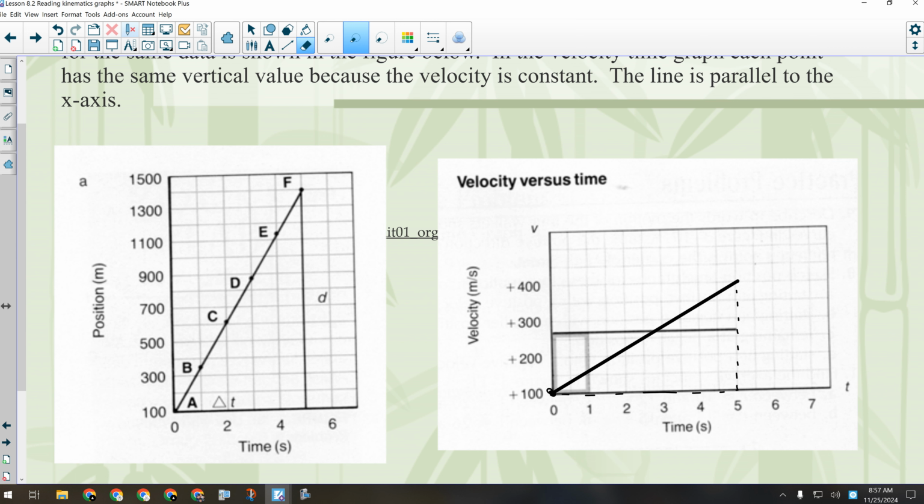Would its average velocity be halfway in between 100 and 400? Would that be the same as dividing the height of the triangle by 2? That's why it works. Base times height of the triangle over 2. Well, the height of the triangle divided by 2 is the average velocity of the object.